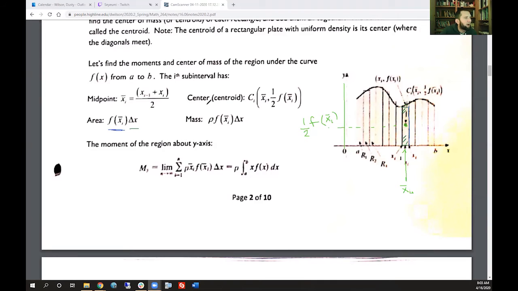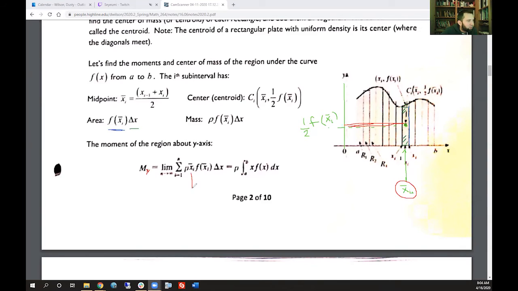So the moment of the region about the y-axis is going to depend upon our distances from the y-axis. Our distance from the y-axis is right here, and that distance is the xi coordinate.